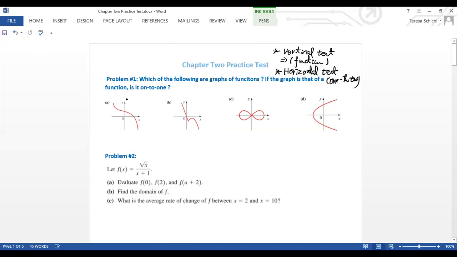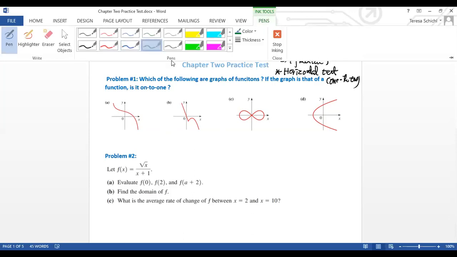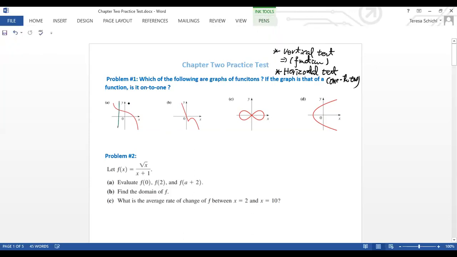So like this one here. If you say, hey, is this one-to-one, what you do is say, okay, if I draw any vertical lines here, it seems all the vertical lines only touch the function at one point, right? So we say yes, this is a function.